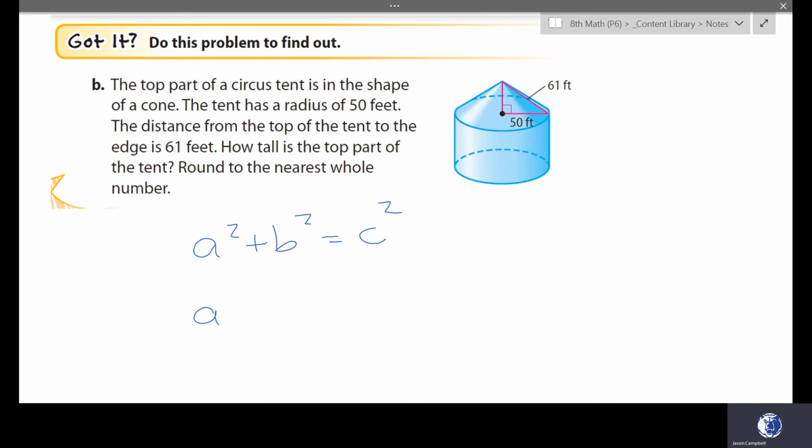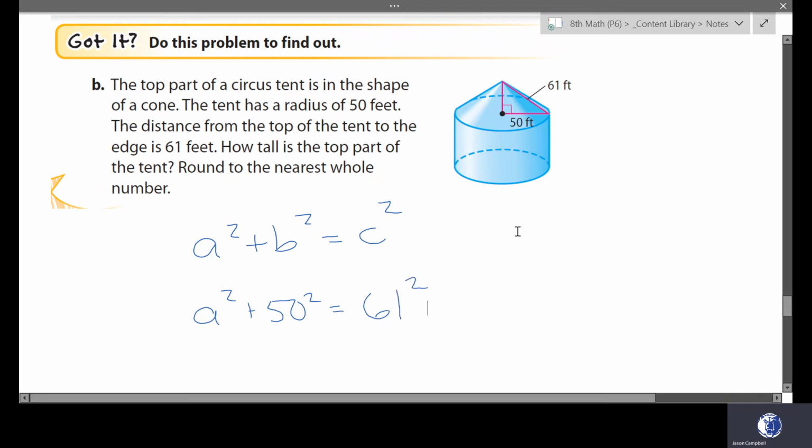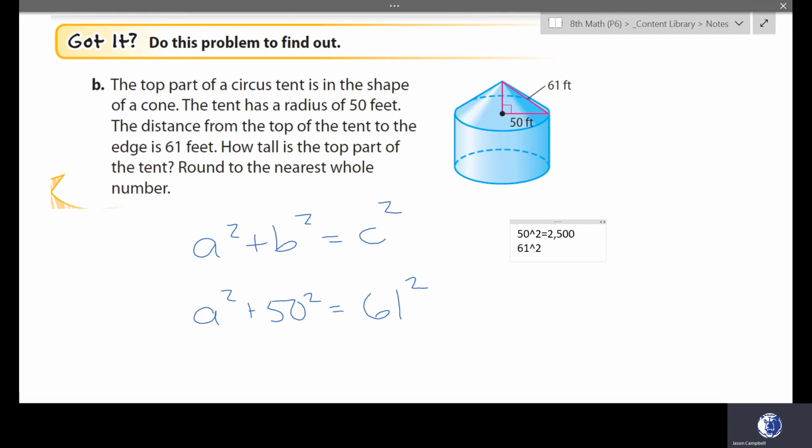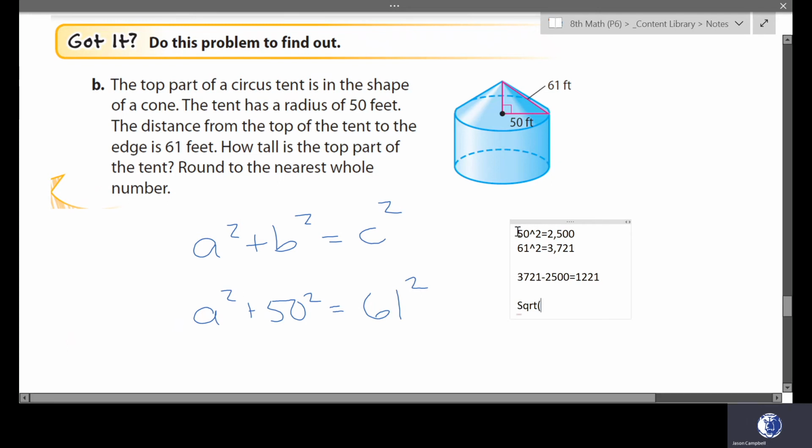In this case, A squared plus 50 squared is equal to 61 squared. Let's do 50 squared, 61 squared, and let's subtract to find the difference. And then let's find the square root of that number.